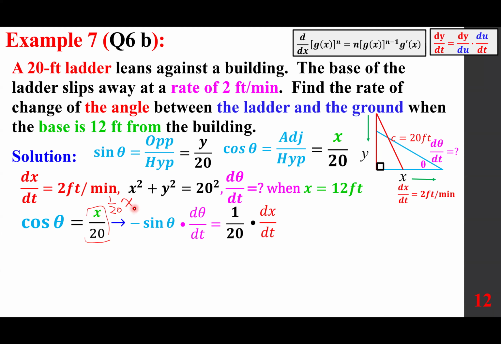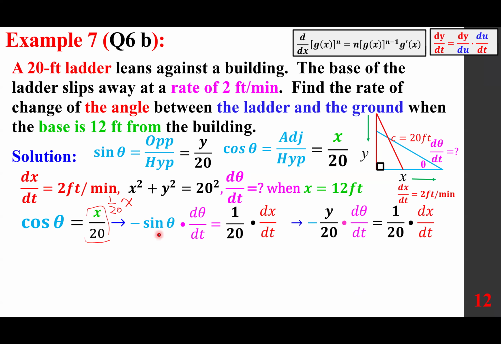The reason I'm writing it in this fashion is because I want to make sure it's clear that 1 over 20 is the multiplier, is the coefficient, and it doesn't do much. Now I'm going to say minus sine theta is y over 20. Okay. D theta/dt, 1 over 20 dx/dt.